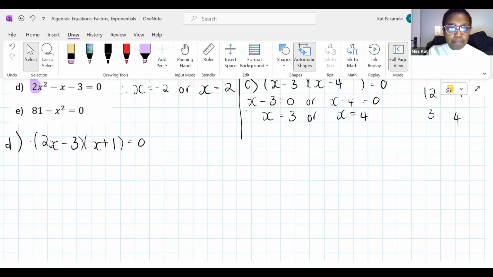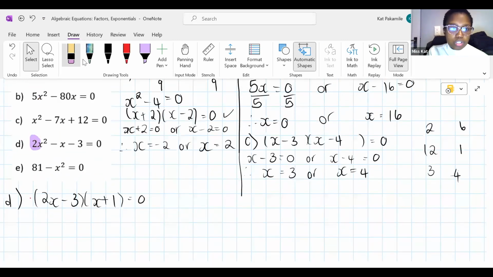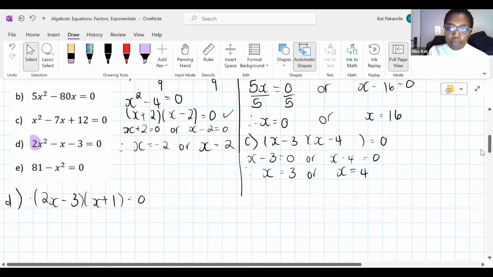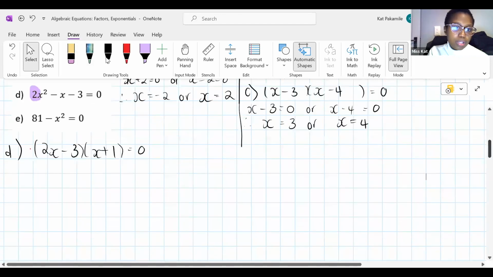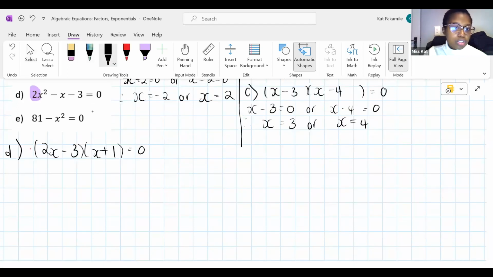We're still on D. Remember, you factorize and then you split them and then you solve them. So since we have already factorized them, step 2 is to split. So you separate the two brackets. So either 2x plus 3 equals 0 or x plus 1 equals 0.